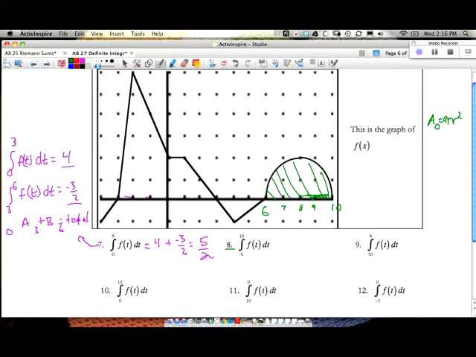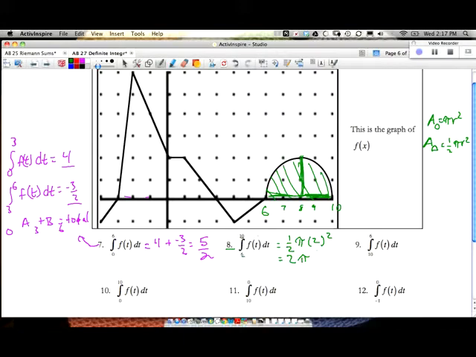Well, in this case, my radius is 2. But it's only half a circle. So the area of a semicircle is equal to 1/2 pi r squared. We just have to figure out what that radius is. The radius from 8 to 10, or from 0 to 2 here, it's the same on all three sides, is 2. So let's simplify this a little bit. That's 1/2 of 4, or 2 pi.